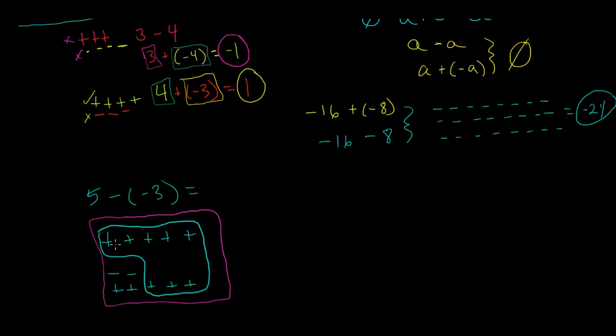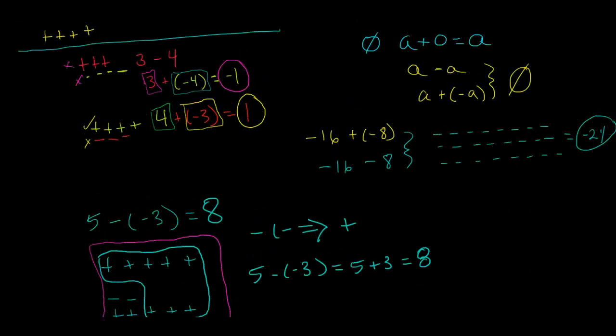So I have now a total of 1, 2, 3, 4, 5, 6, 7, 8 plus 0, or I have 8. 5 minus a negative 3 is 8. Huh, that's interesting. When I minus a negative, my number got bigger. That's because when I do minus a negative, that's the same thing as doing plus. So 5 minus a negative 3 is equal to 5 plus 3, which is simply 8.